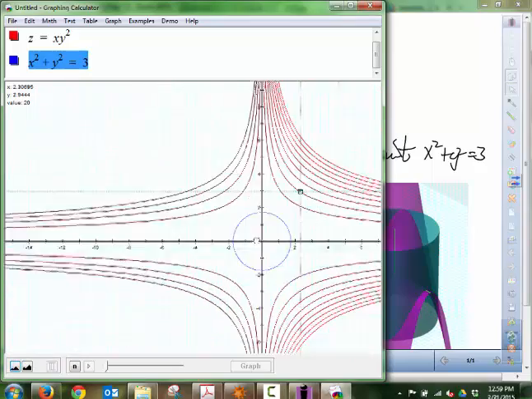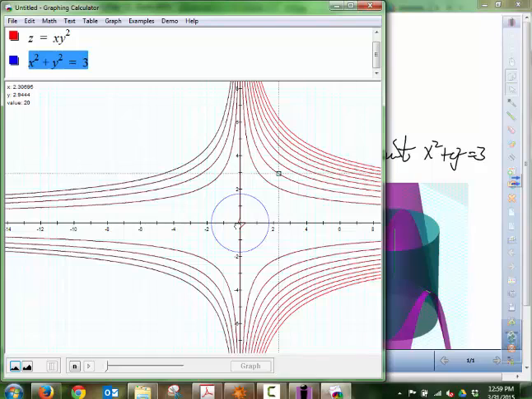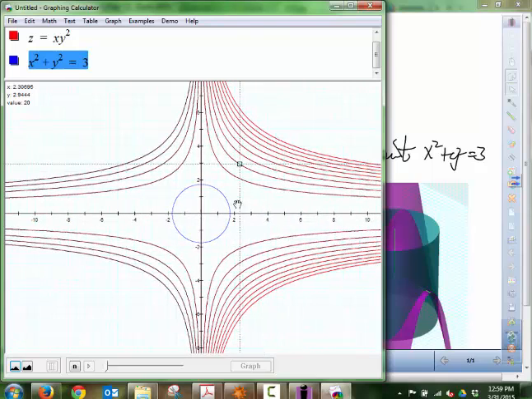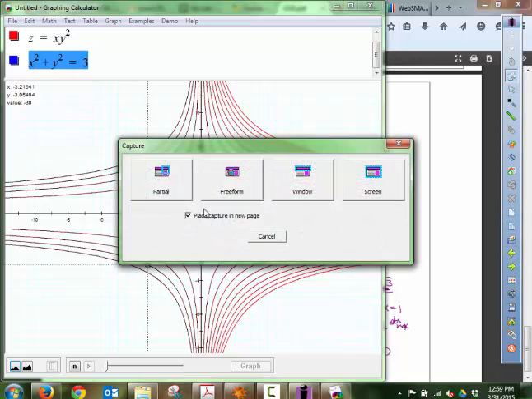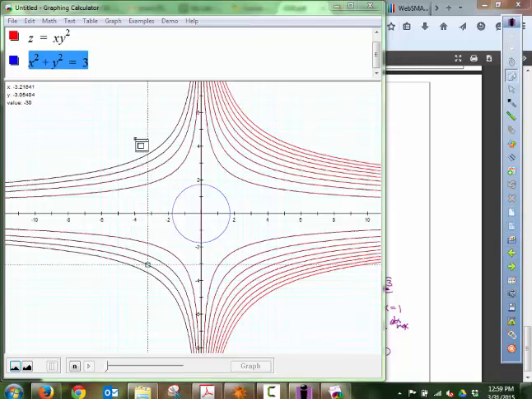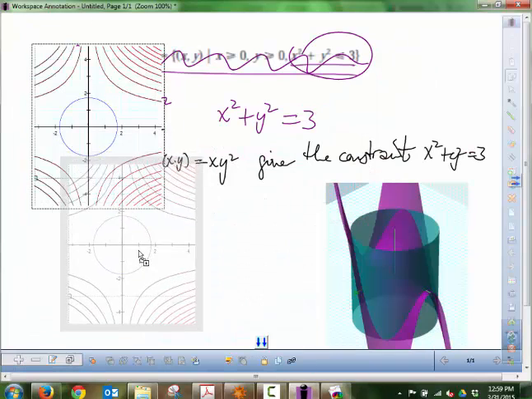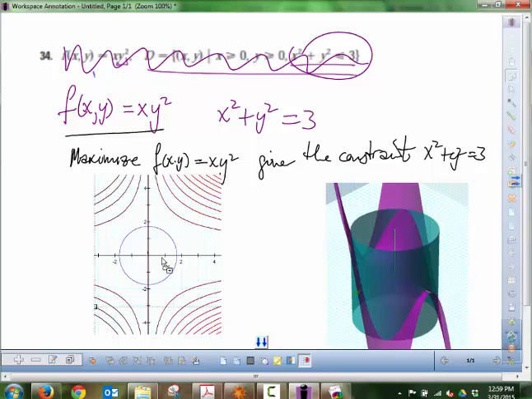That doesn't help. Oh well, guess I'm going to pretend to draw more level curves. So if I draw more level curves, I'm more interested in the level curves that are closer and closer to this graph.